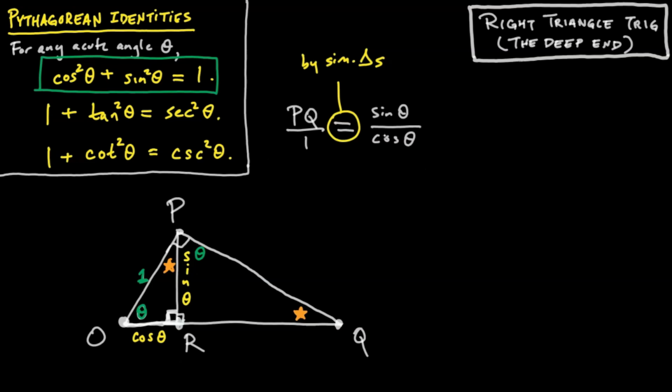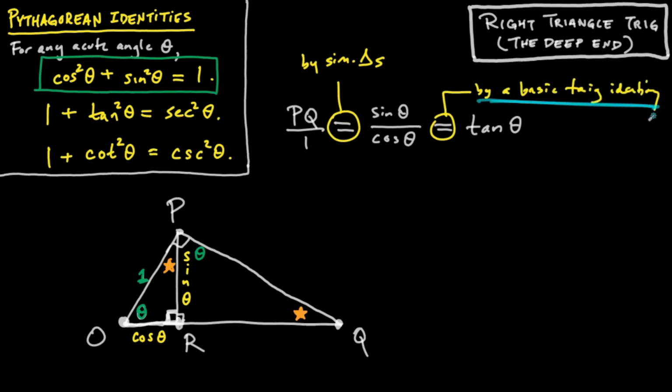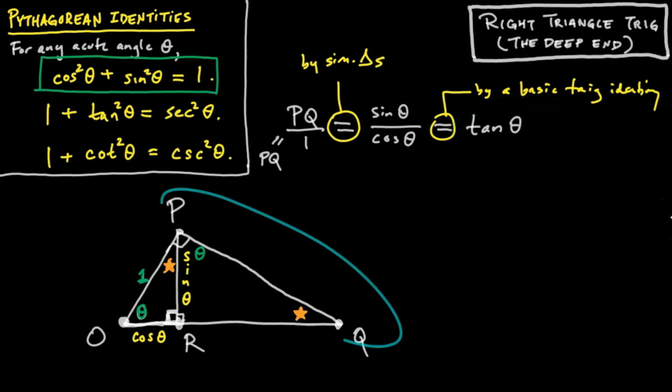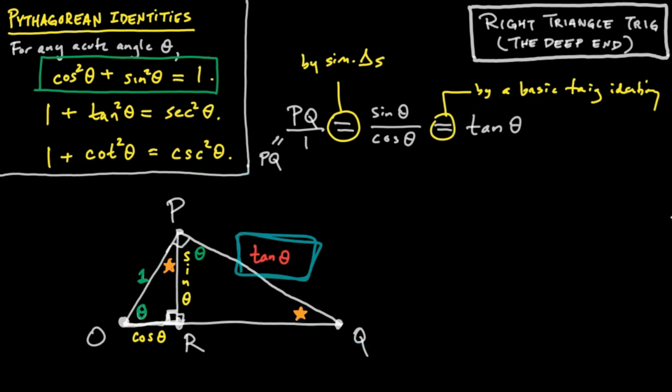But we know what that is. We've used it several times already. Sine theta over cosine theta, by an identity we discussed last time, is tangent theta. So I will just say by a basic trig identity. Doesn't really have a name, that one. So what have we just demonstrated? PQ over 1, which is of course the same thing as PQ, is equal to tangent theta. Aha! So side PQ is tangent theta.